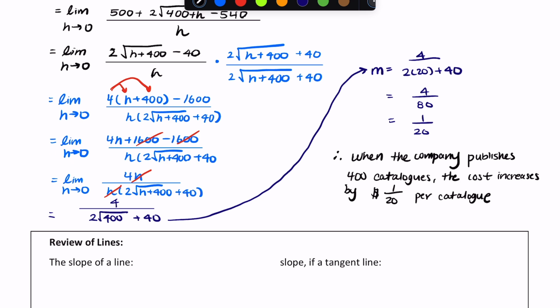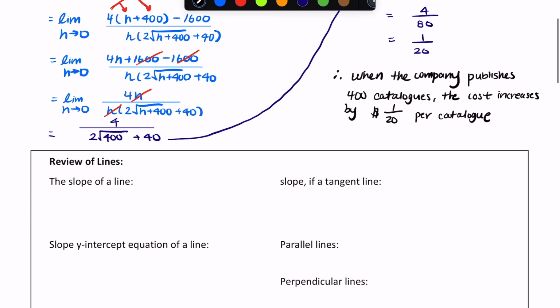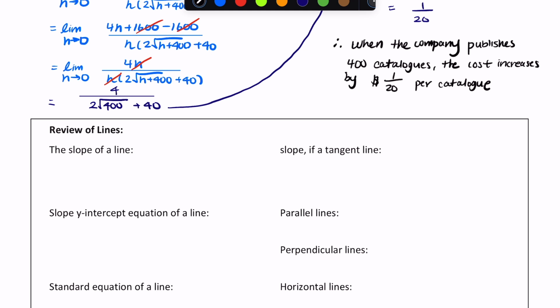Now we're going to review a couple of things about lines. We understand that the slope of a line we can write as m equals delta y over delta x, which is also equal to y2 minus y1 over x2 minus x1.